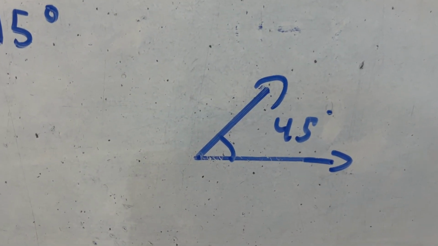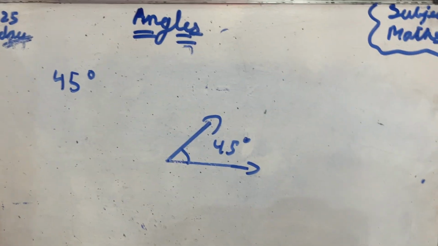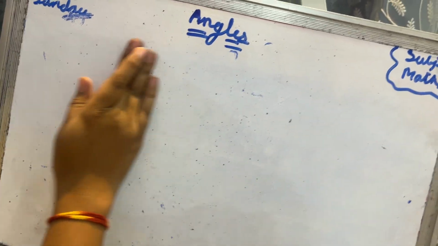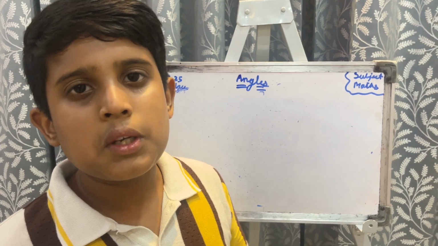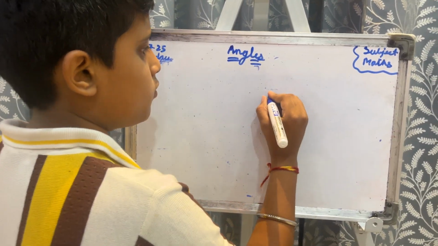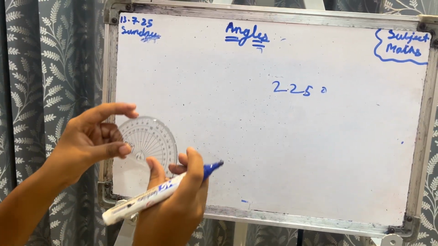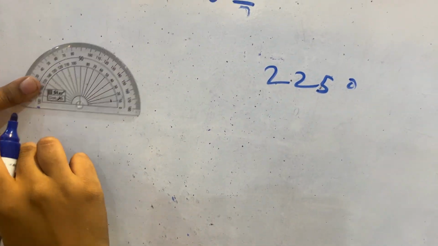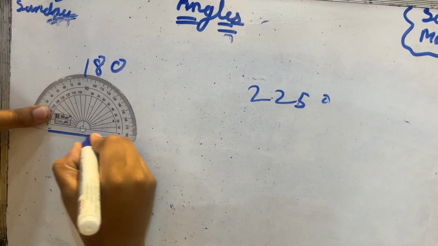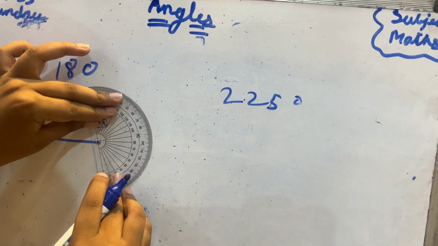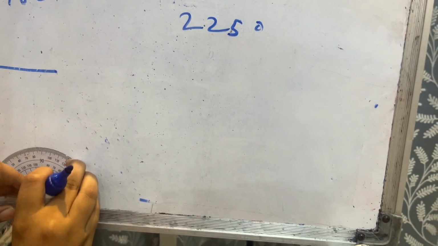Okay. Now if I tell you that you have to draw an angle of more than 180 degree, meaning you have to make 225 degree, how will you make it? First, 180 degree is a straight angle.